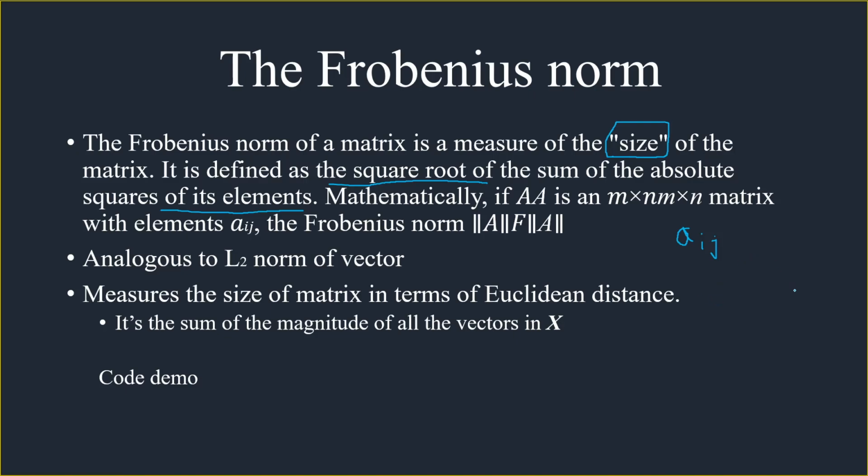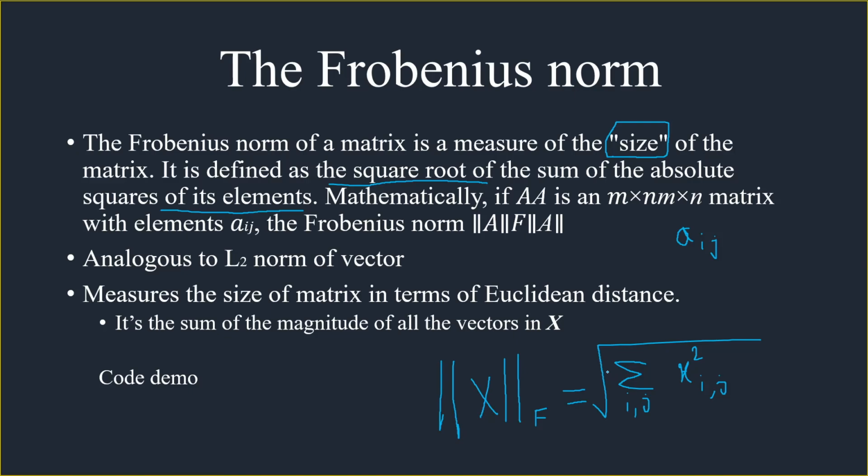We all know what Euclidean distance is, right? It's the sum of the magnitudes of all the vectors in X. So it is also described this way. You have a matrix here, superscript F, root over sum of X i j square, or this is denoted as our L2 norm, and we got here i and j.